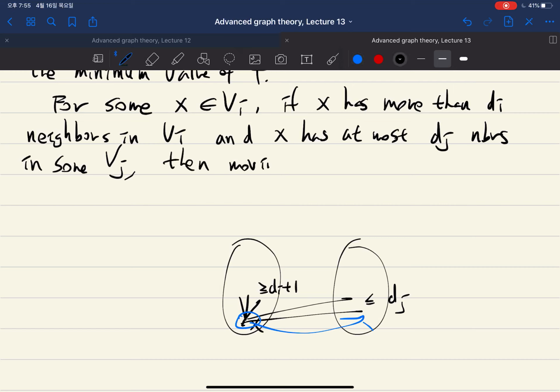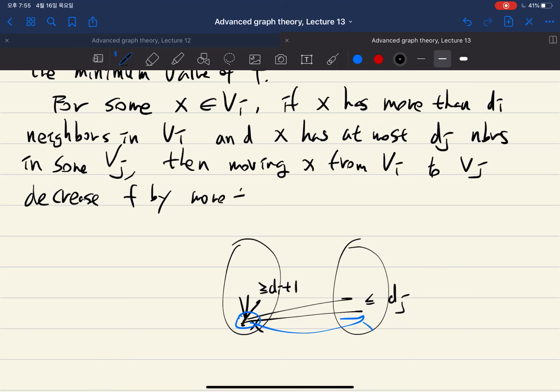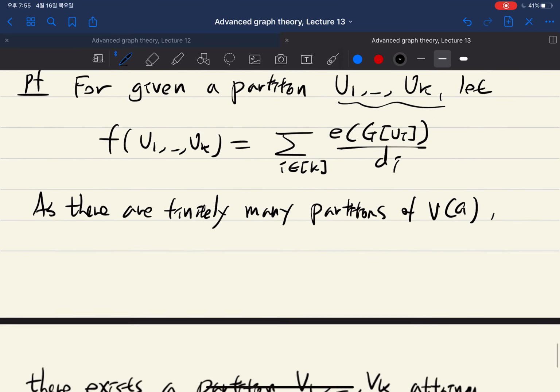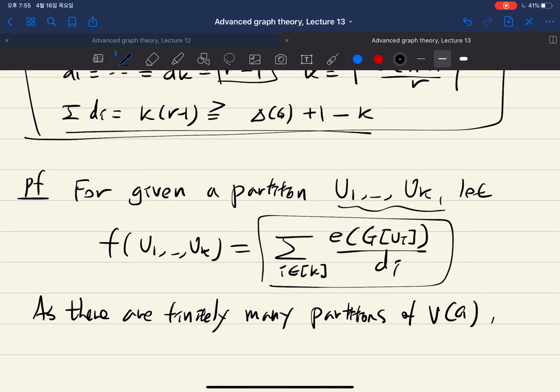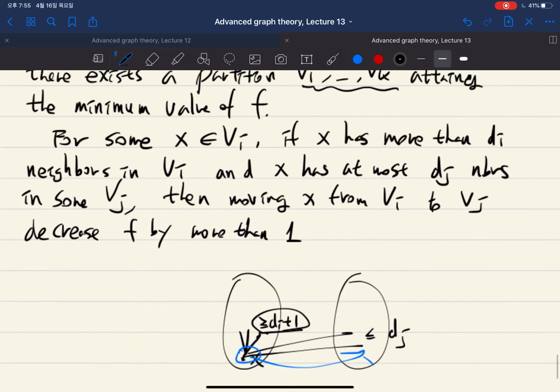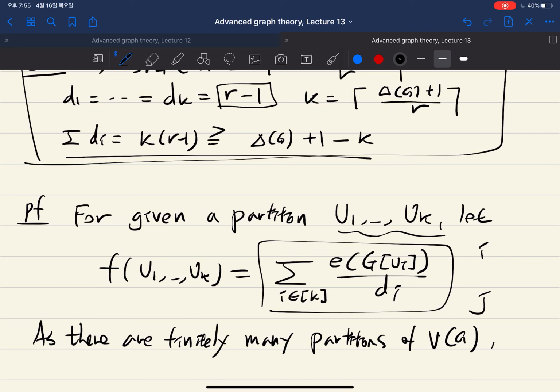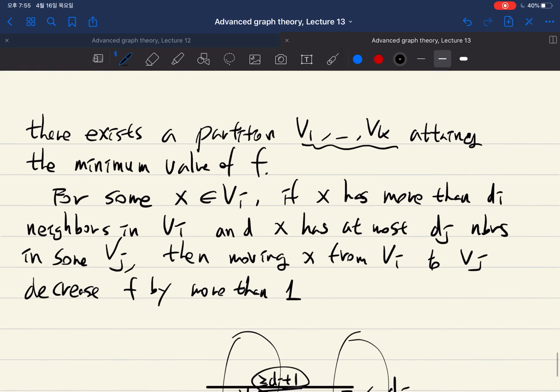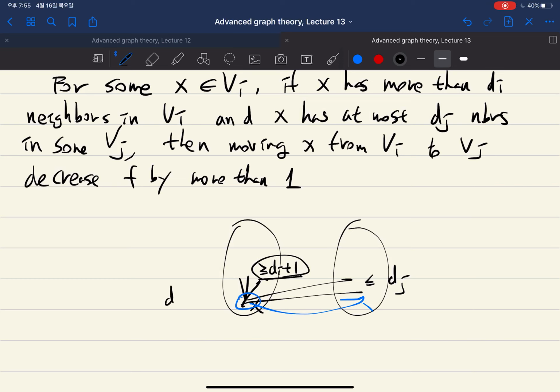How does this change the value of f? Moving x from P_i to P_j decreases f by more than 1. Everything else is the same except the i-th term and the j-th term. In the i-th term, you lose at least d_i plus 1 on the top, divided by d_i. So you lose strictly more than 1, since (d_i plus 1) over d_i is strictly more than 1.